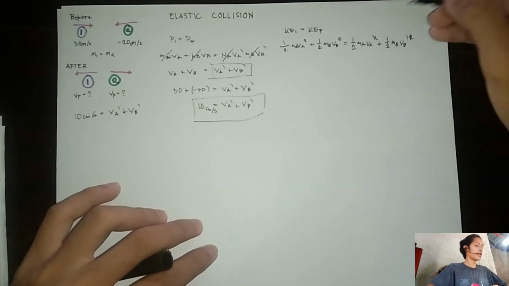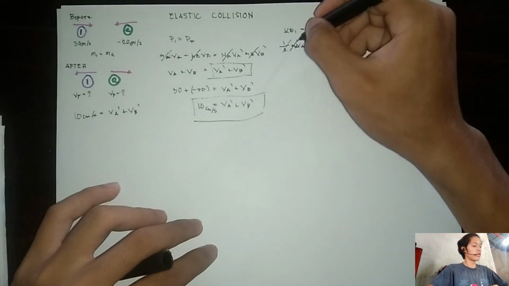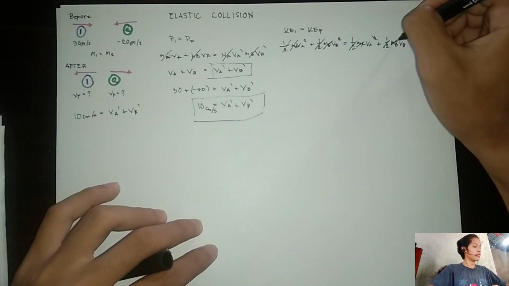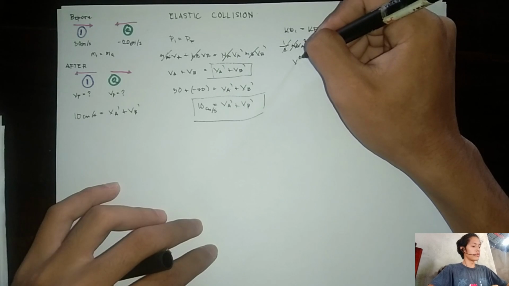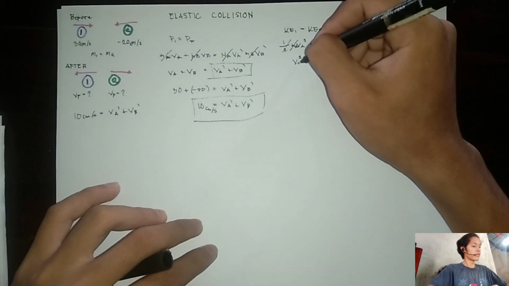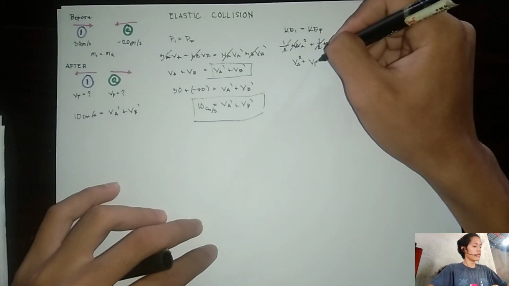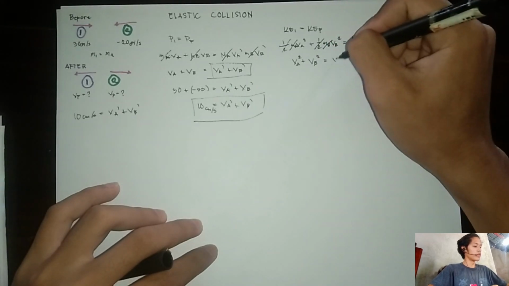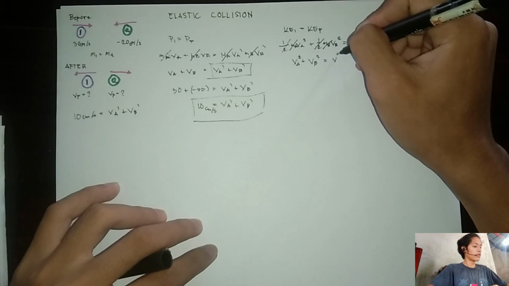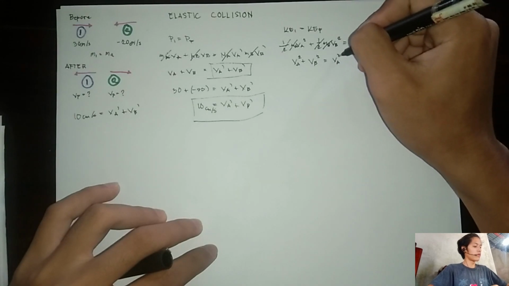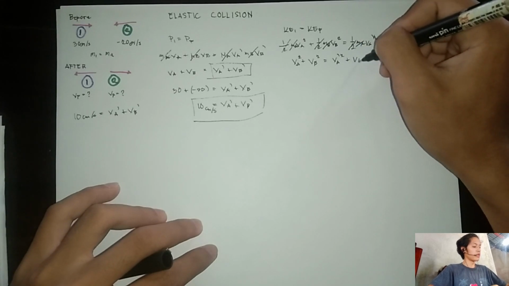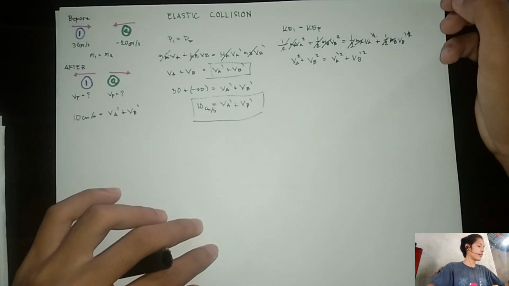So, pwede na natin dito i-remove yung 1/2 and then yung mass dahil nga same lang sila ng mga value. Matitira na lang is velocity A square plus velocity B square is equal to velocity A final square plus velocity B final square.